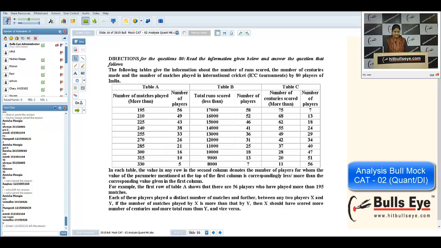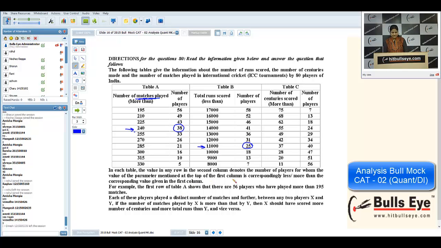What is the least number of players who played fewer than 240 matches, I'm taking this information, matches we are talking about, but scored more than 11,000 runs. And we want to minimize it.